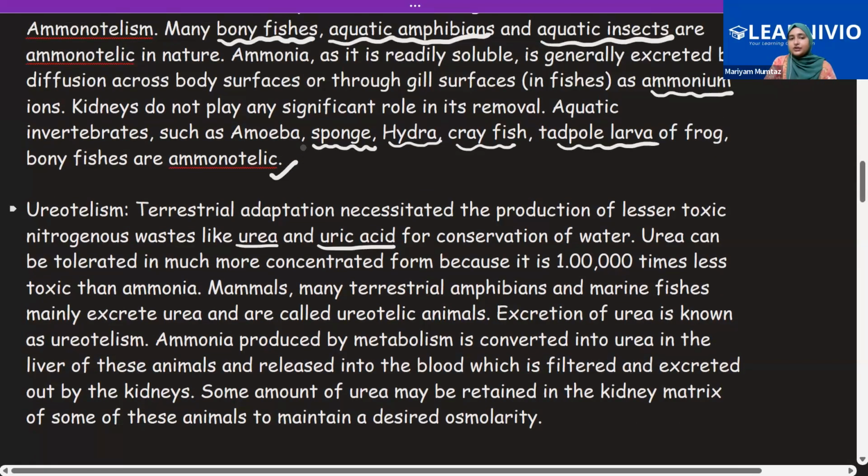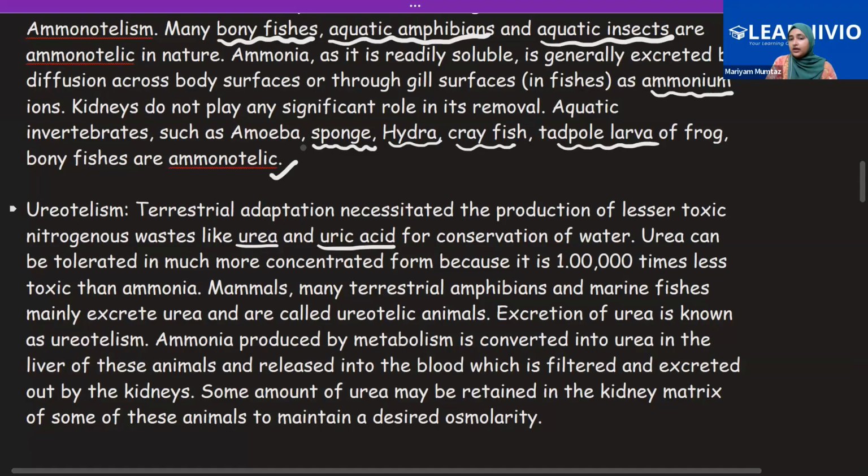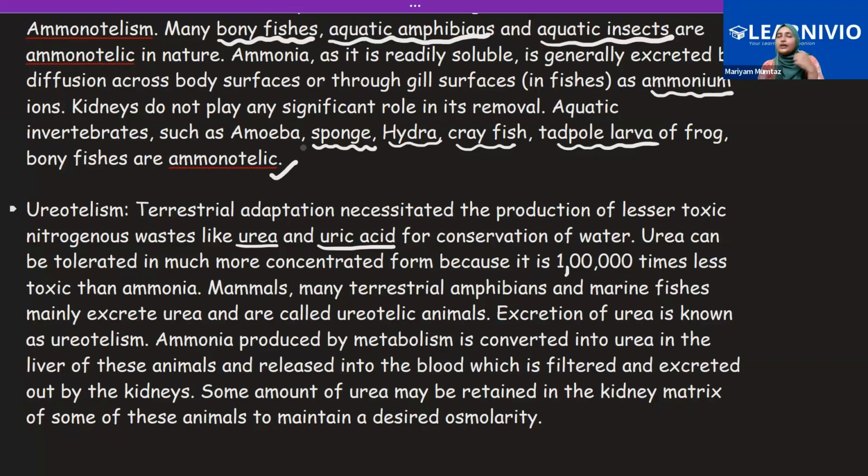Now, urea can be tolerated in a much more concentrated form because it is 1 lakh times less toxic than ammonia. Imagine how less toxic it is, right? And you people see, for example, how we drink water, right? And normally we have the whole cycle throughout the day and we feel the need to urinate, right?